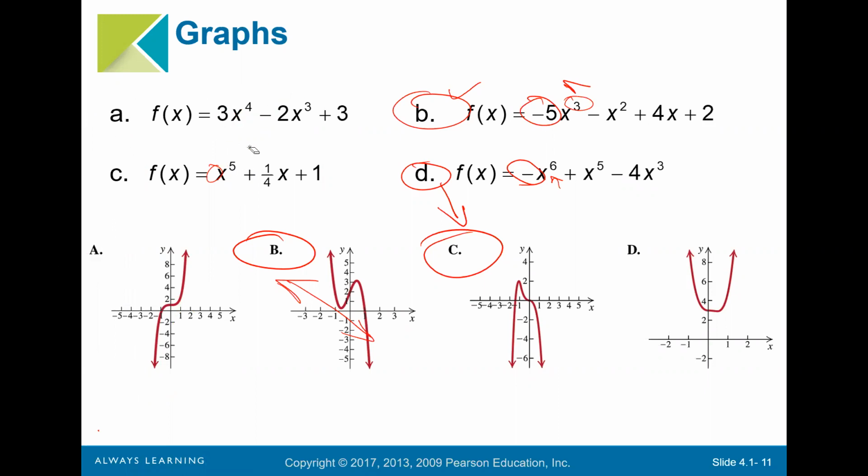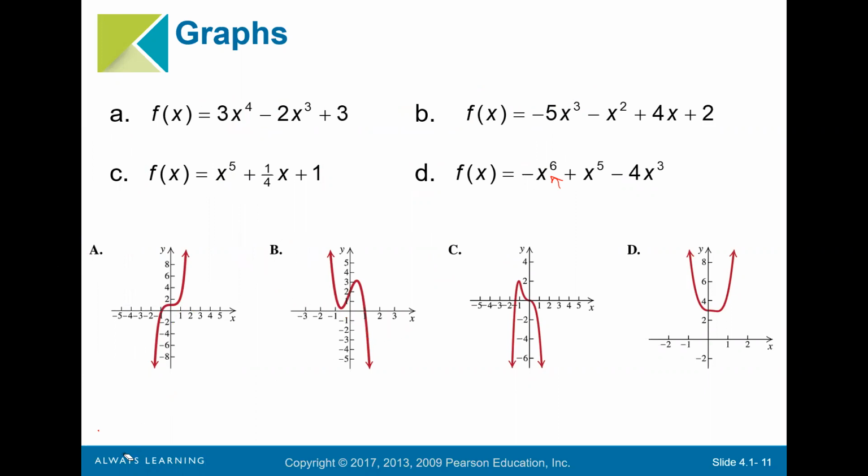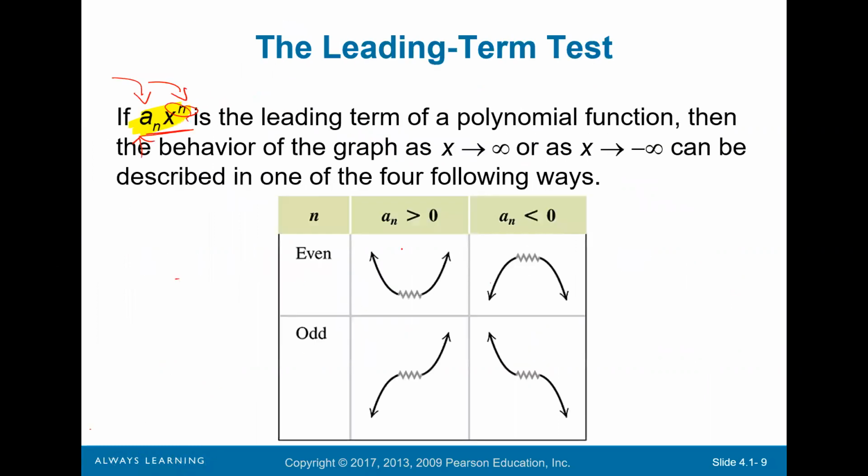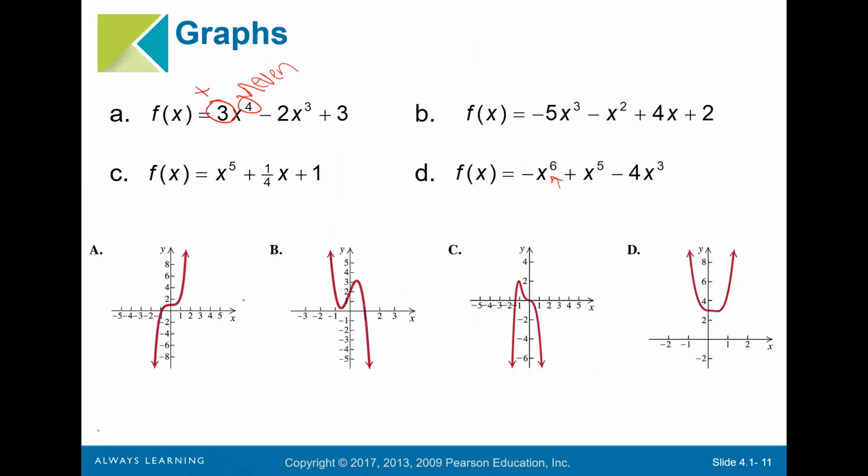Now A, oh, my apologies, guys. All right, so on A here, it is an even N value with a positive A value. Okay, we'll get this right. So we have a positive A value with an even N value. This tells me it opens upward on both ends, something going on in the middle. So my A here is going to be D.